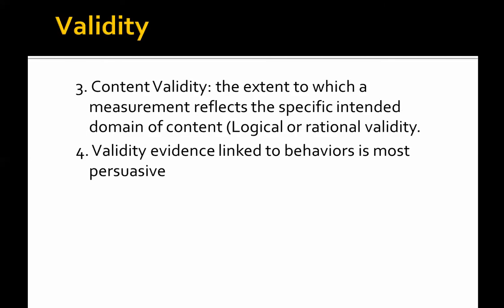Other aspects of validity you'll often see is content validity: does it reflect what we would expect out of that particular domain? Is it capturing all aspects of what we consider to be empathy, that is emotional aspects, but also the cognitive aspects? And again, validity evidence that's linked to behaviors is what's most persuasive.